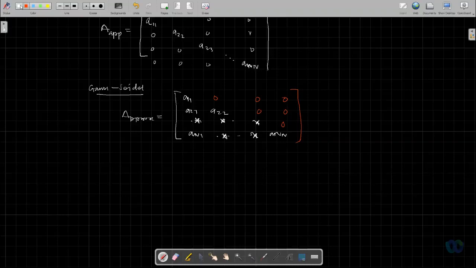But we do not need to construct such matrices to use the iterative methods.